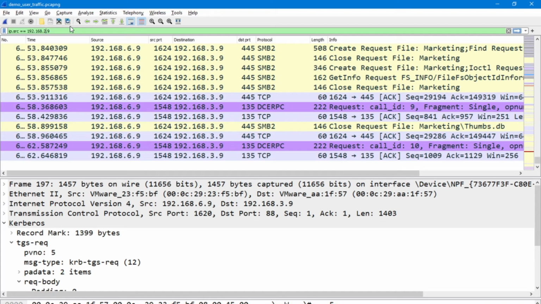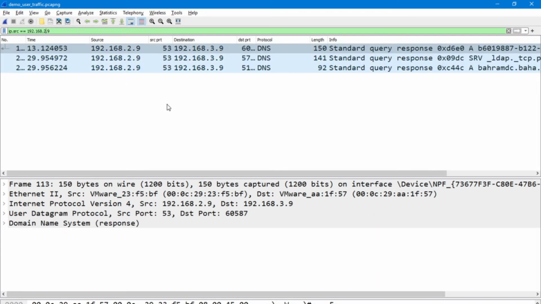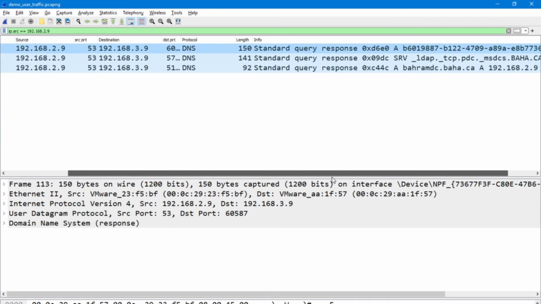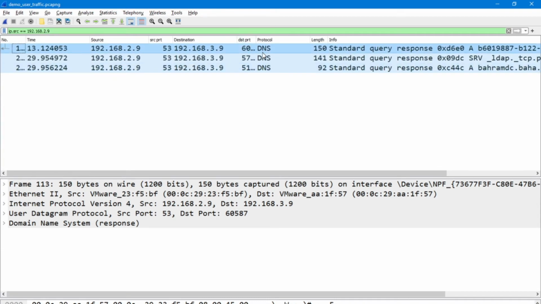Let's see what happens. All right. So right away, we can see that the DNS protocol, remember that was one of the protocols we pointed out, and the source here communicating with 3.9.